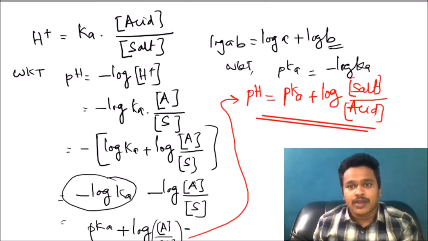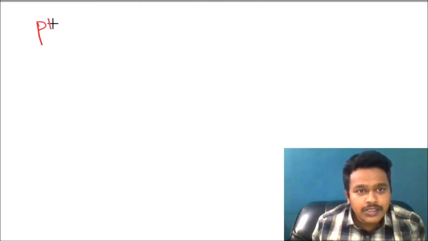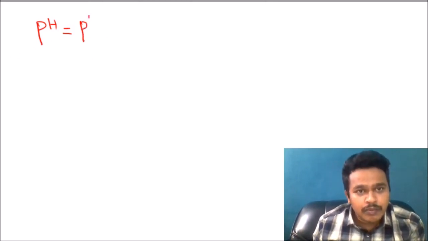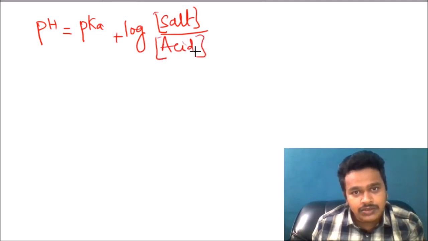What is the formula finally? For an acidic buffer, pH is equal to pKa plus log of salt concentration by acid concentration.